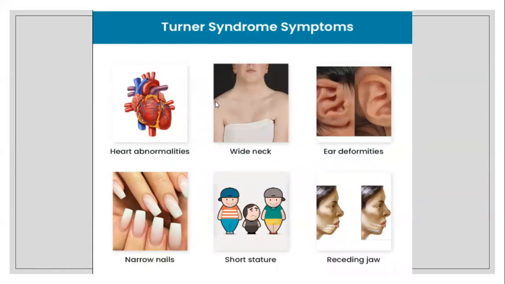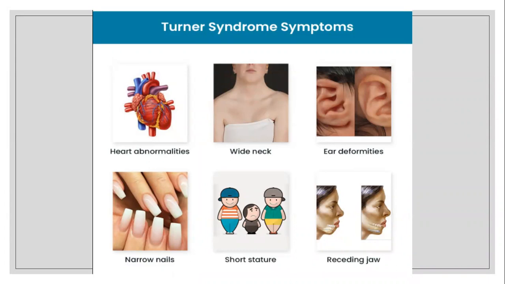Turner syndrome is a condition affecting females due to a permanently or completely missing sex chromosome. So usually females have two X chromosomes, but if one is missing, they develop Turner syndrome.